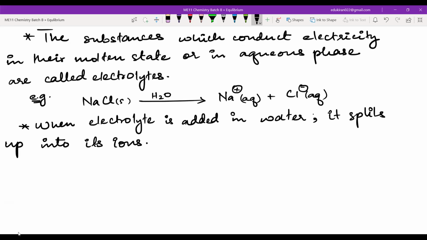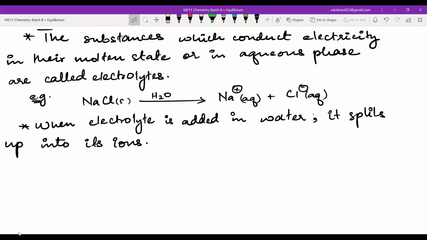And this splitting is known as dissociation, or it is also known as getting ionized. But please remember that it is not the ionization that we talked about when we were talking about ionization enthalpy. We may use the words ionization and dissociation interchangeably, but please remember it is not ionization as in ionization enthalpy. It is just that two things are getting dissociated.